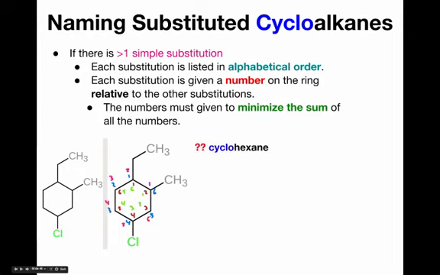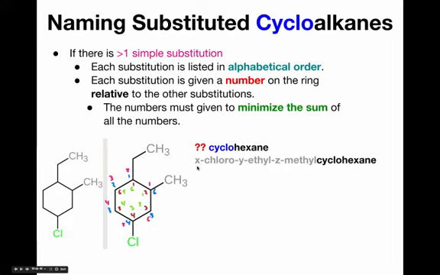And so the name of this particular molecule is going to be blah, blah, blah, cyclohexane. Or with a little more detail, it's going to be X-chloro. The reason chloro comes first is because we have to list the substituents alphabetically, and there is a chloro, a methyl, and an ethyl substituent.